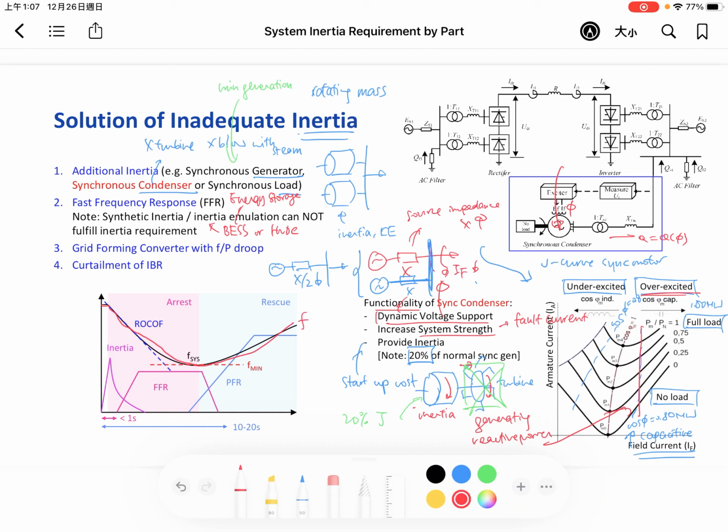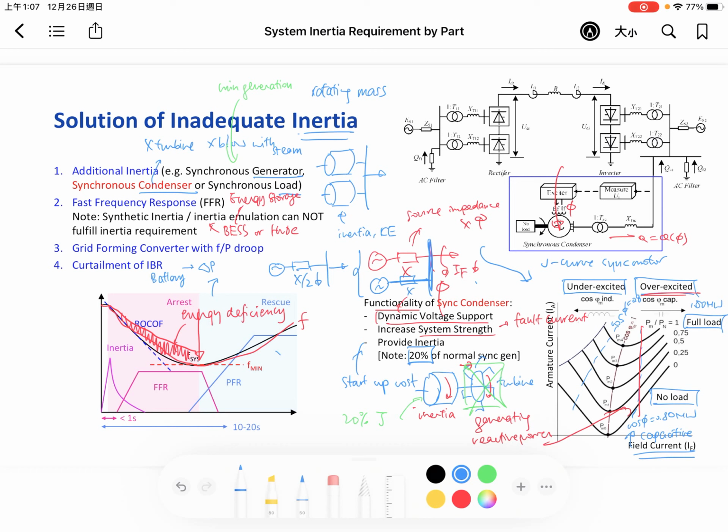If we want to arrest the frequency drop, we need to fill up the energy discrepancy or deficiency here. Where could we provide this kind of support? The first way is to provide it with a battery.